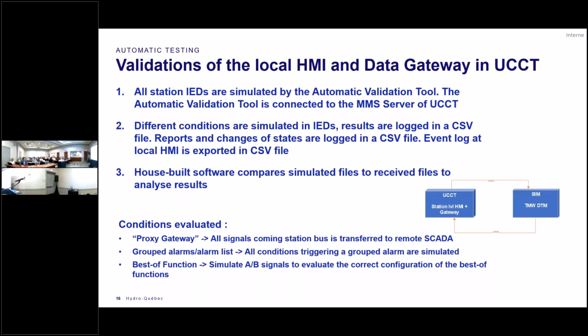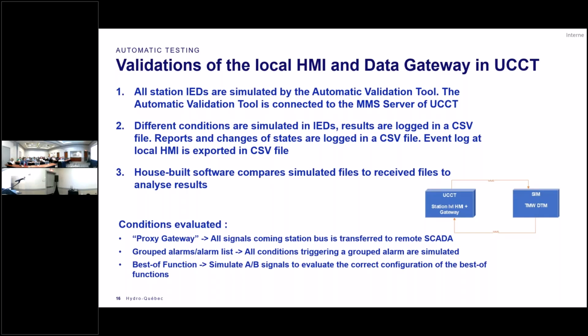So different conditions were simulated. The basic one was pretty much all signals that were coming through the station network. We expected to see the same signal going outside to the remote network.